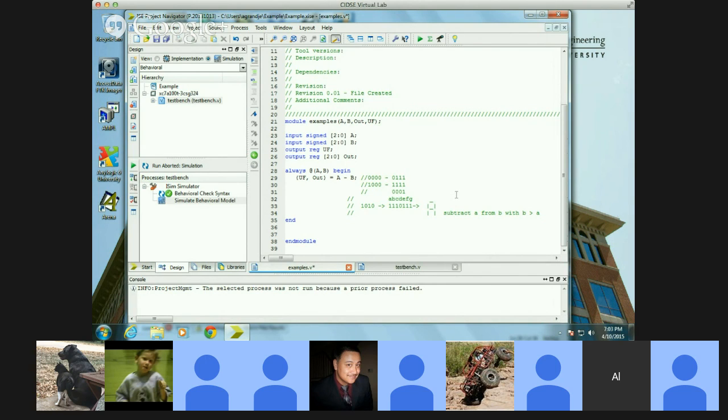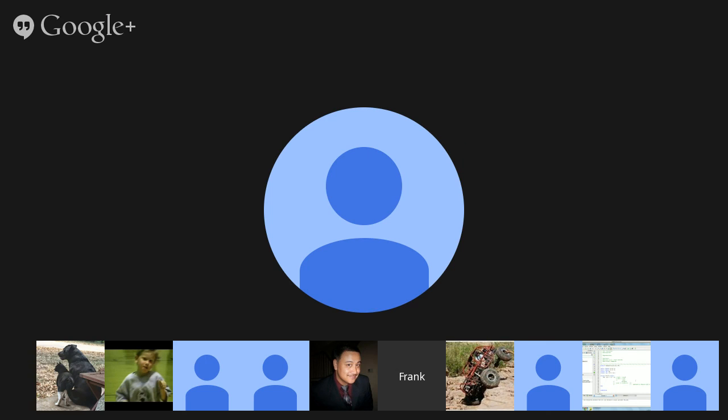The way I understood it was that we had 4 bits for A and 4 bits for B, and that gave us a total of 16 possible numbers. If A was 12 and B was 10, then that would count as overflow.